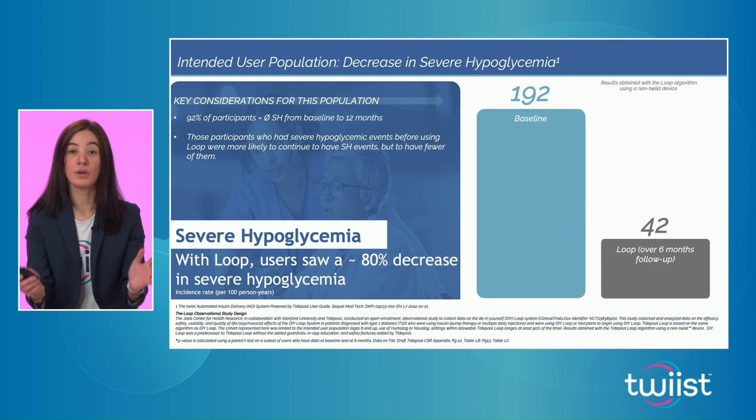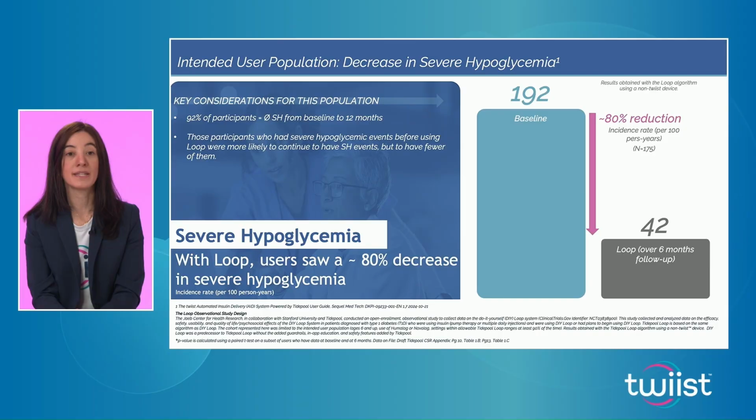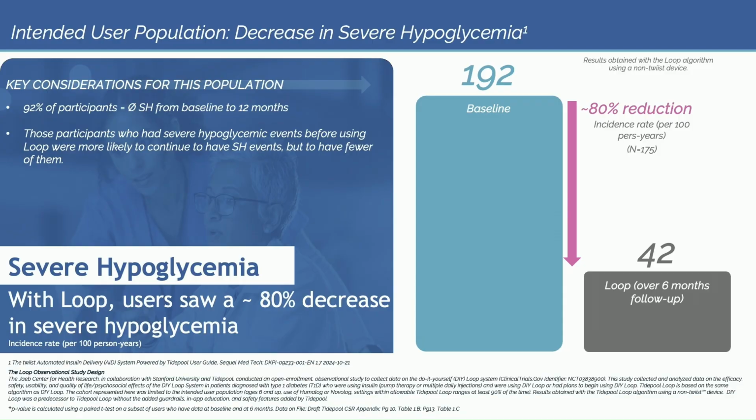Looking at the whole group of the 175 intended user population, there was a reduction in severe hypoglycemic events from 192 per 100 person years to 42 per 100 person years. That is an 80% reduction in the incidence of severe hypoglycemia.